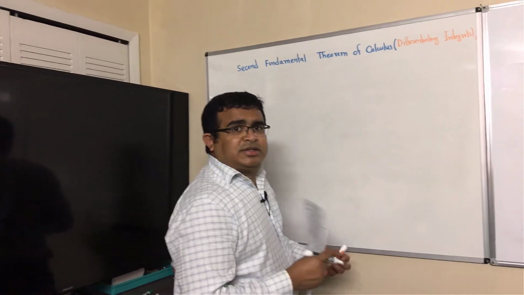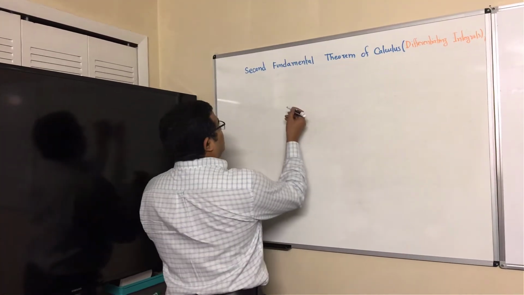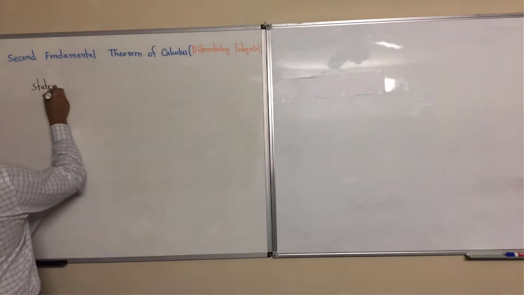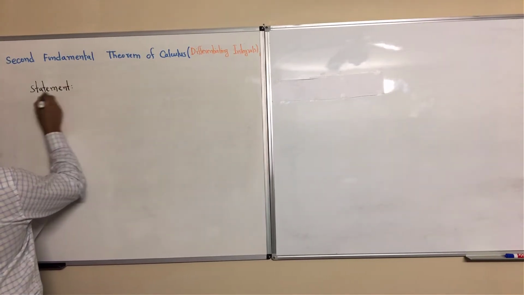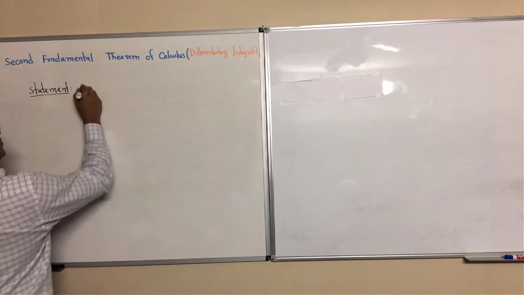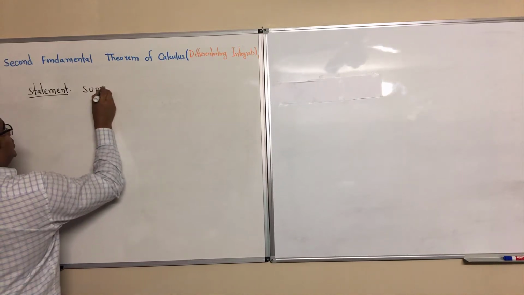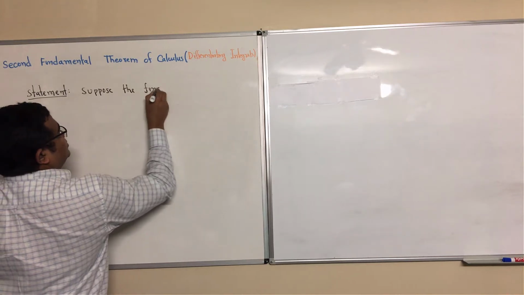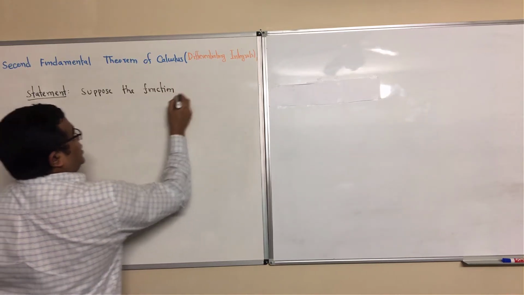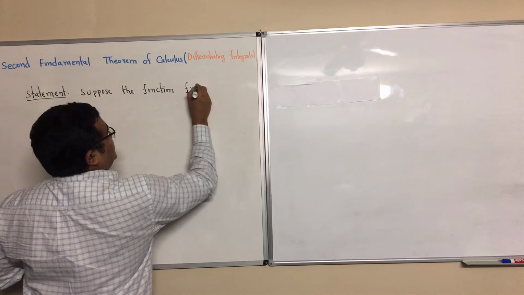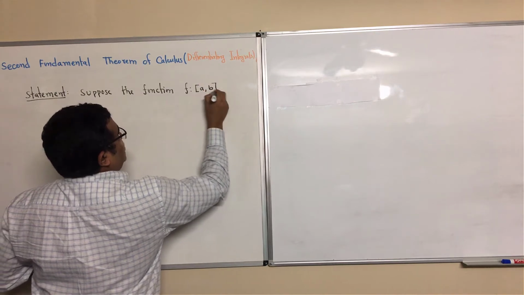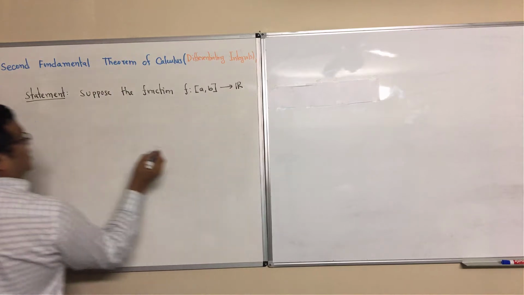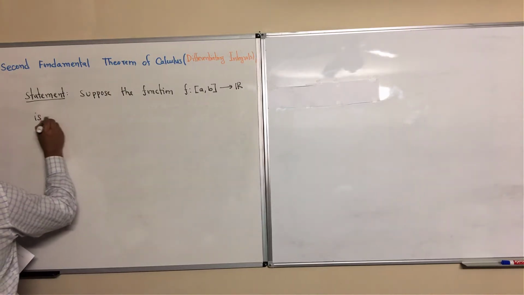Now, the statement of the second fundamental theorem of calculus is: suppose the function f, which is defined on the bounded interval [a, b] and goes to the set of real numbers R, is continuous.